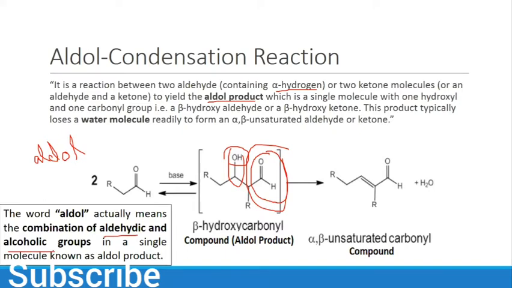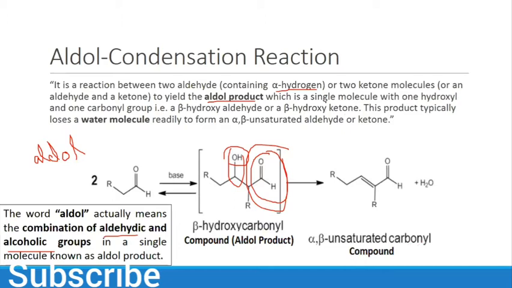The end product of aldol condensation is not the aldol product. Keep in mind, the end product of aldol condensation is not the aldol product, it is an intermediate. First we will get the aldol product, and after condensation of the aldol product, we have our final product, which is an alpha beta unsaturated carbonyl compound.